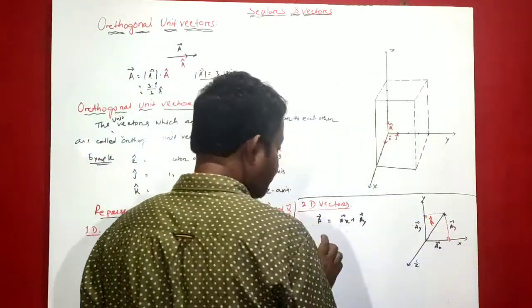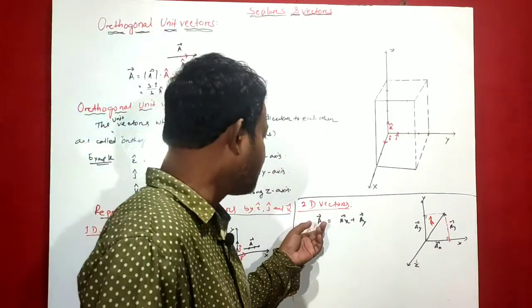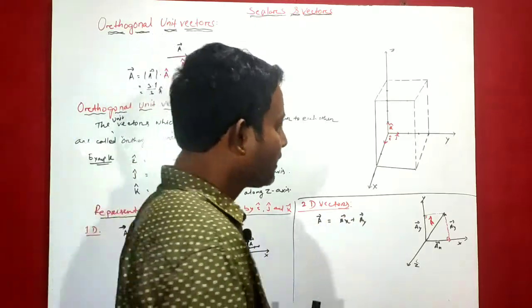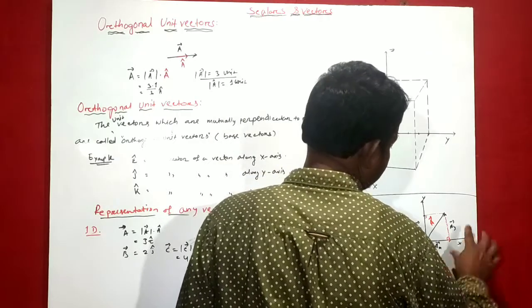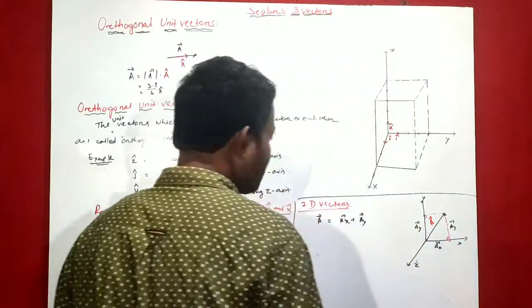Look, what is the magnitude of vector A? We can calculate it by the Pythagoras theorem: the square root of Ax square plus Ay square.